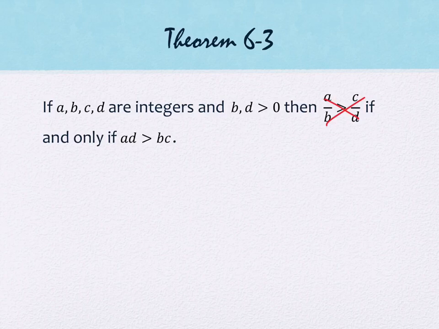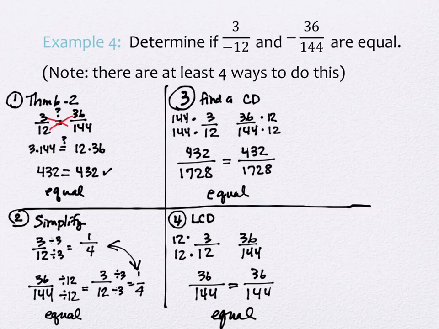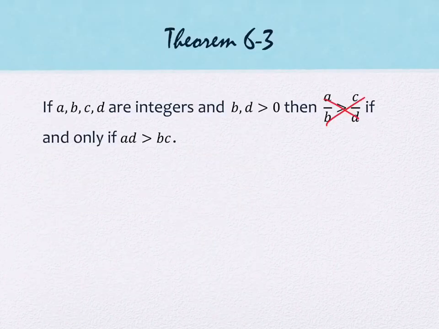So the inequality direction stays the same when you do this too. So that's a very handy one. Again, not the only way of showing this. We could use any of these other versions, where we get common denominators or simplify things. Those are options too. But this is a really handy one and it's often very nice to use.